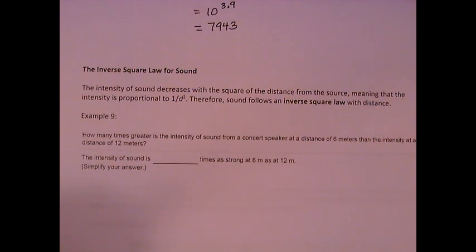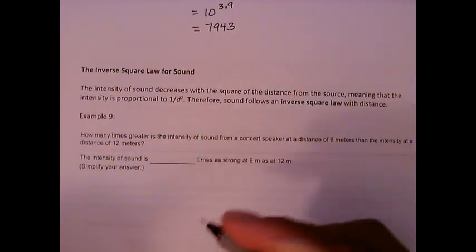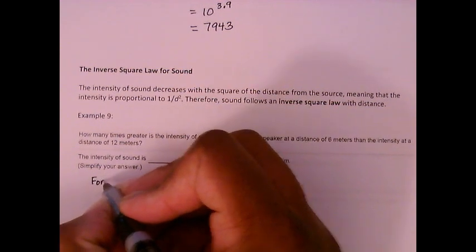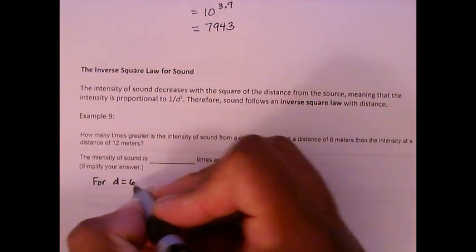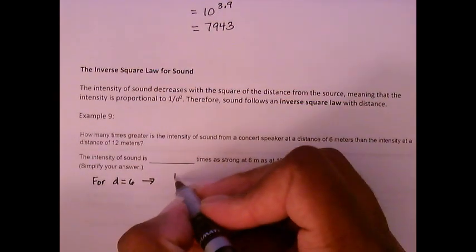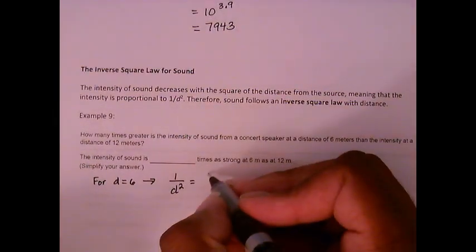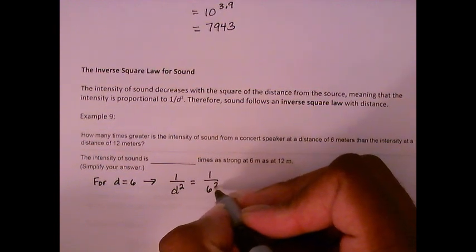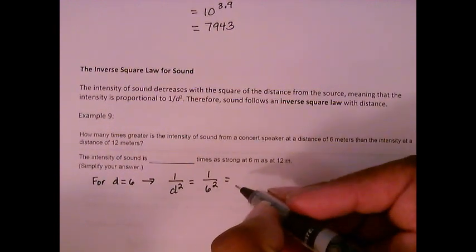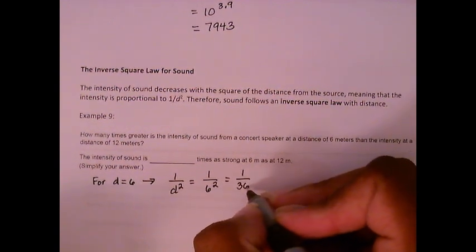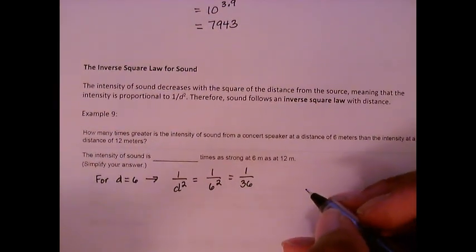Alright, so now we're going to use that 1 over d squared for a distance of 6 meters. Your d is going to be 6, so it'll be 1 over 6 squared. And 6 squared is 6 times 6, which will be 36.